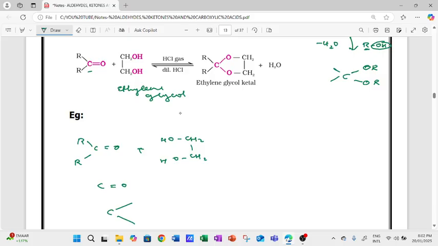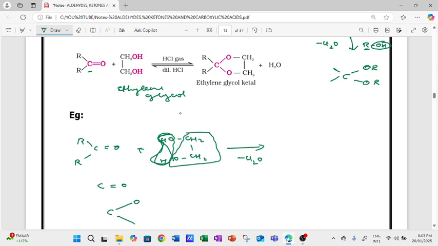To one of the bonds, oxygen will go. This oxygen is going to one of the sides. The other side, no oxygen. Got it? And from ethylene glycol, this is how the water is eliminated. H2O is eliminated in this way. So minus water.